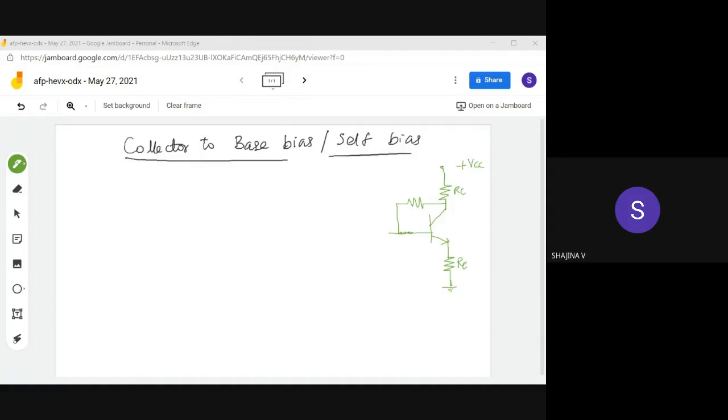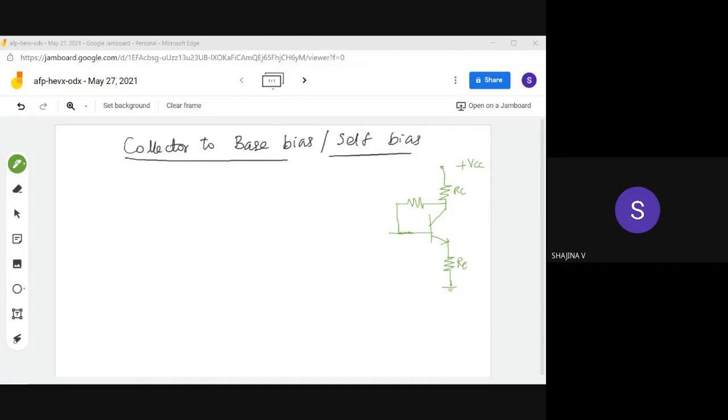VCC minus IC plus IB into RC minus IBRB minus VBE minus IERE equal to 0.